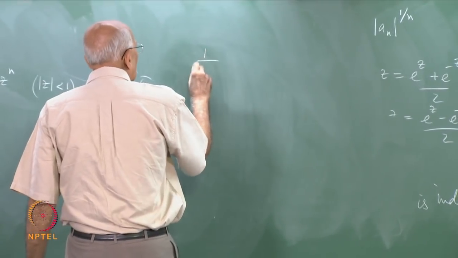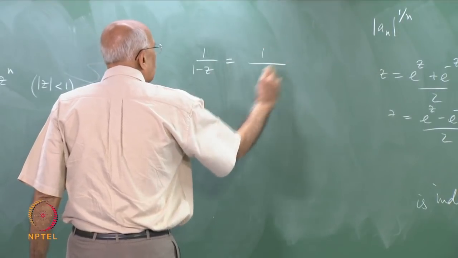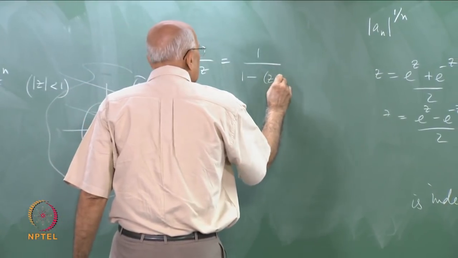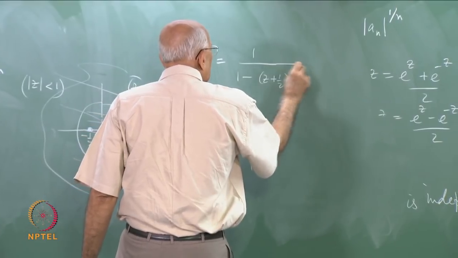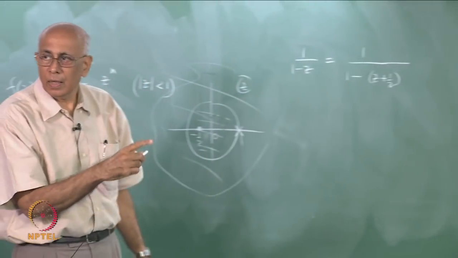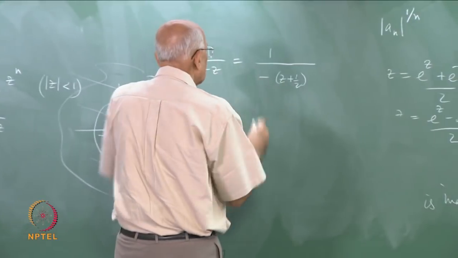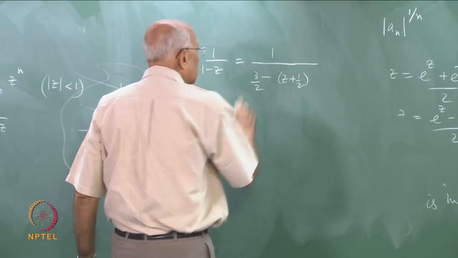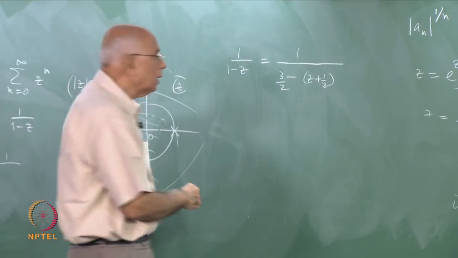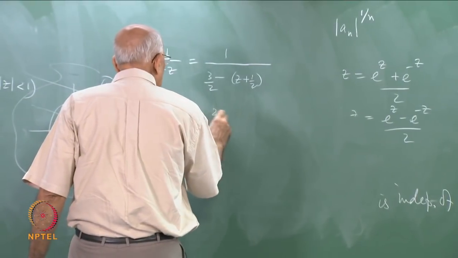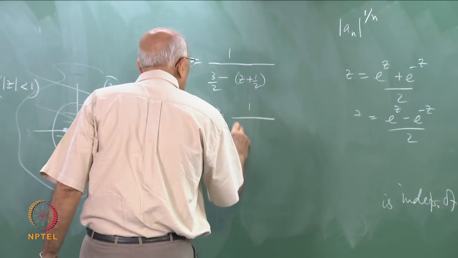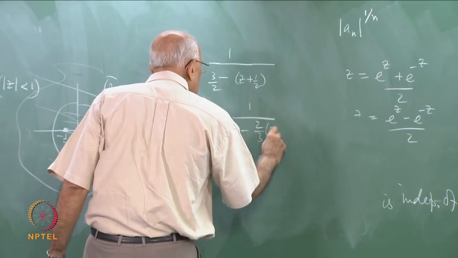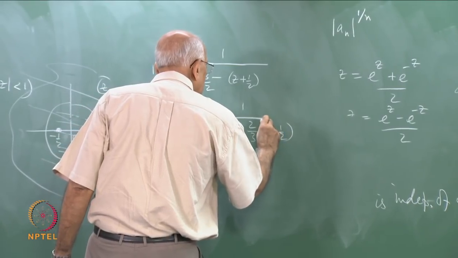Write this in the following form. I write 1 over 1 minus z equal to 1 over 1 minus z plus half. So what I have done is to subtract the half, I add that half back again, so this is 3 halves, and then I pull out this 3 halves, so it is 2/3 of 1 over 1 minus 2/3 z plus a half.